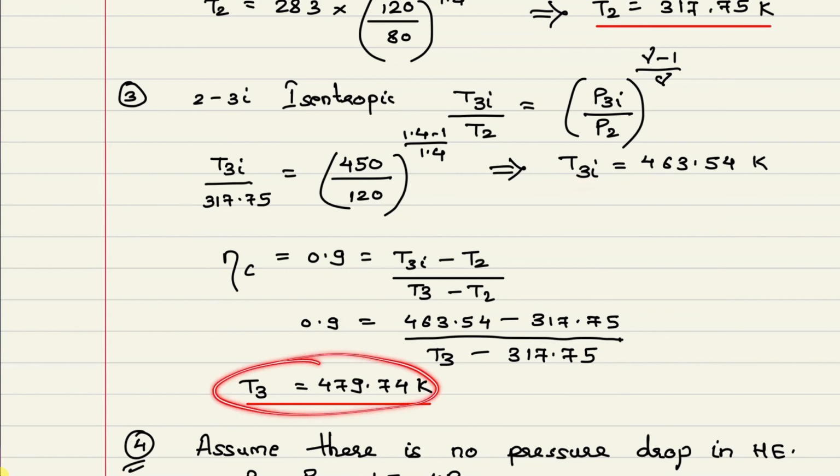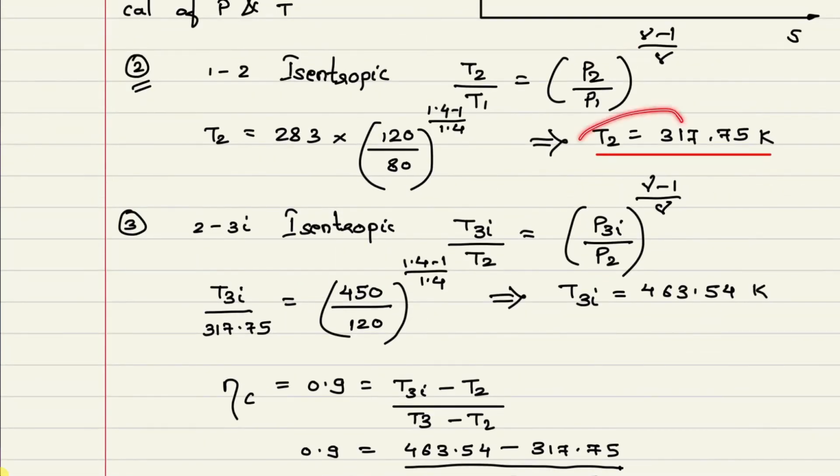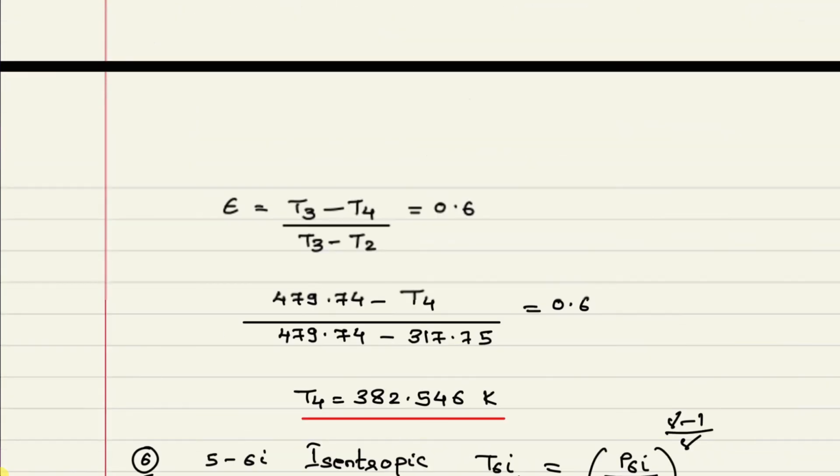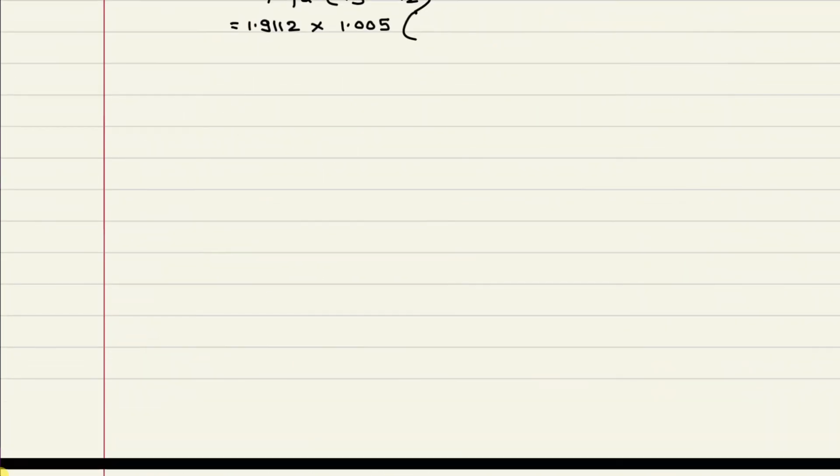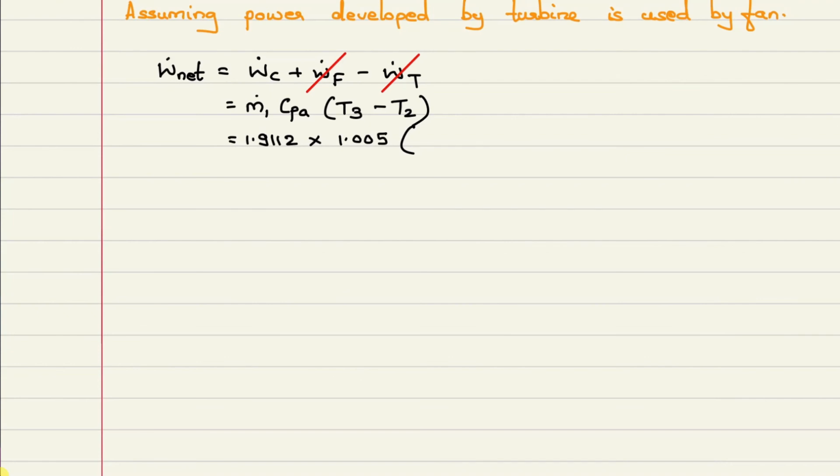So T3 we have found out, and the value of T2 also we have found out. So substitute these values. So W dot net is equal to 311.14 kilowatt.